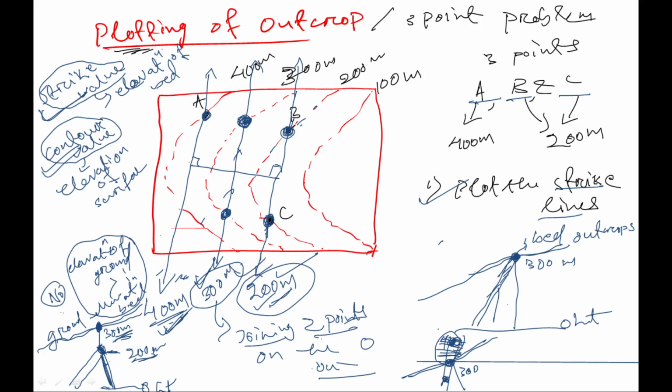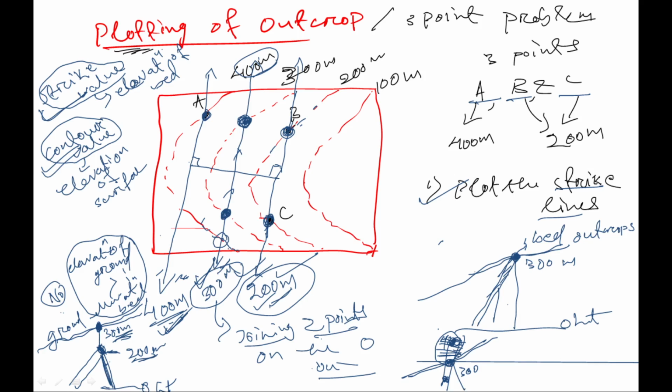So the bed will outcrop here. But you can mark this point. This contour line is having a value of 400 meter and this is the strike line of 300 meter. That means strike value is 300, but the bed's elevation is 300 meter.